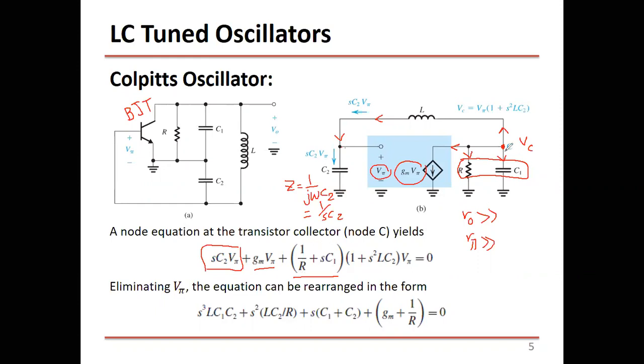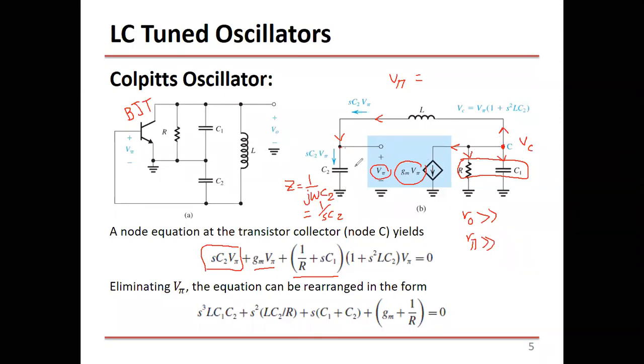Now, how much is the voltage VC? Well, if you look at VC and V pi, you can say that V pi is a voltage divider of VC, right? V pi is the voltage from this point to the ground, a voltage divider from VC.